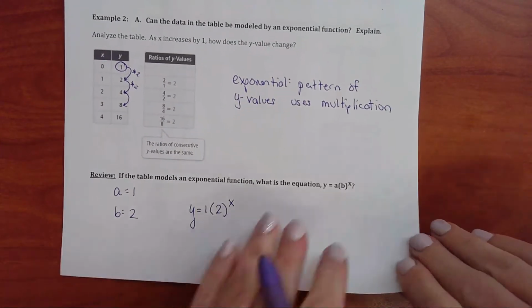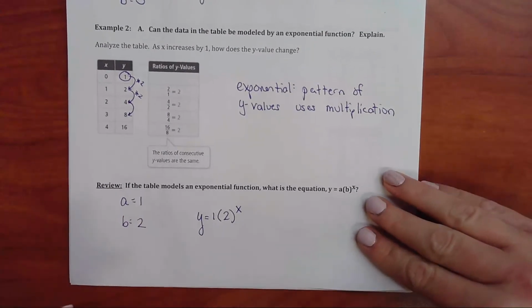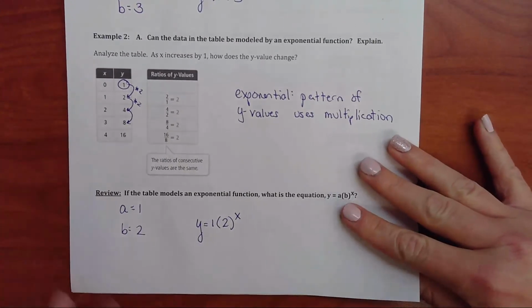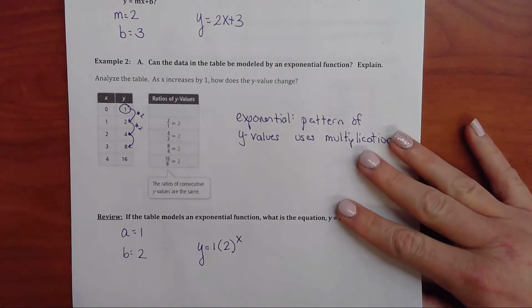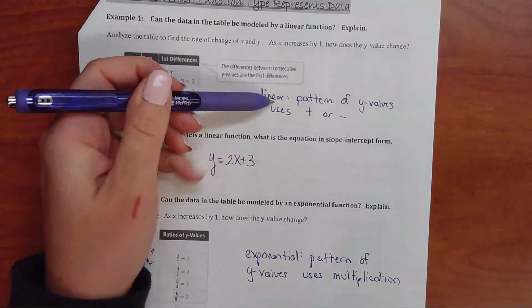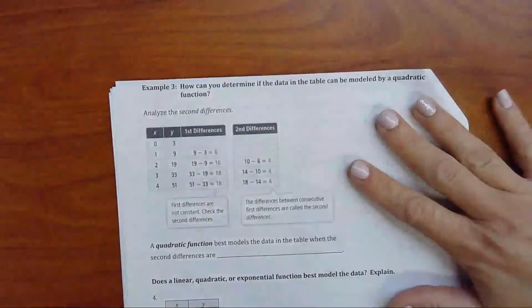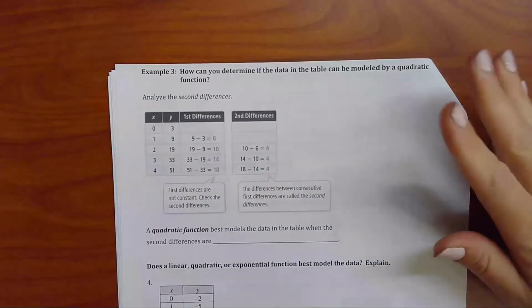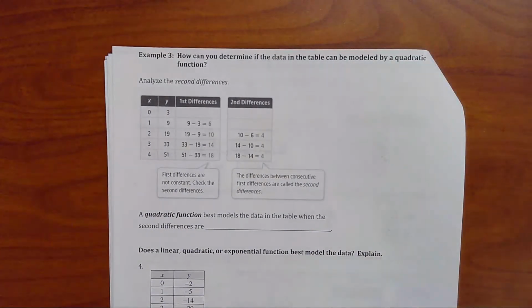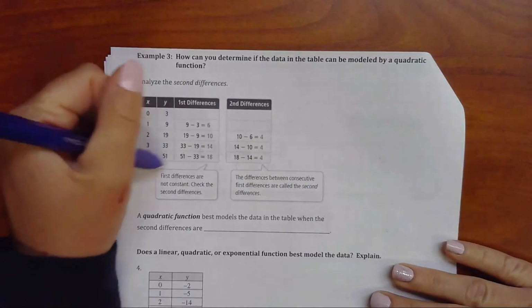Quadratic is a little weird. And honestly today, and this is probably not the mathy way to tell you, but your tables today are either going to be linear, exponential, so pattern using plus or minus, pattern using multiplication, or they're going to be quadratic. Quadratic tables are kind of weird. Not gonna lie, like this is an example.